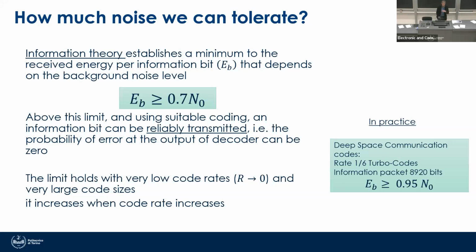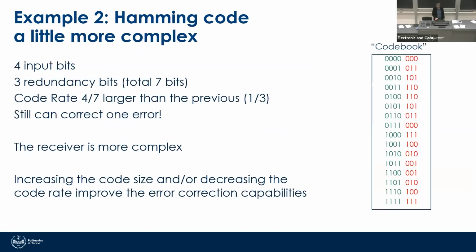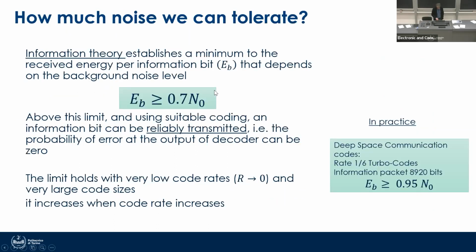So this is an absolute limit. You can reach this absolute limit when your code rate becomes very low, going to 0, or when the block size becomes very large. So you need to construct very long codes. This is a code of length 7, and of course it's very far from this behavior. The fact is now we are capable of building this type of codes.